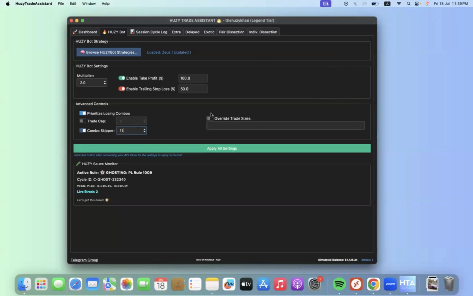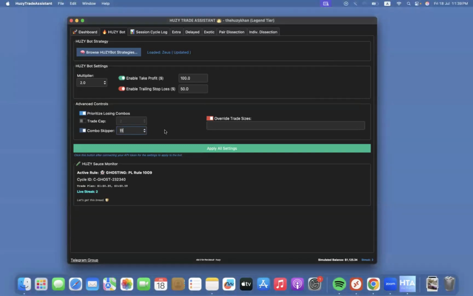Secondly, the override trade sizes. This is also going to be part of where you can get creative. Of course, if someone has $1,000 and he puts a combo skipper value of 11, then it doesn't make sense, right? Basically making less profits with so much untapped liquidity that you can leverage to your benefit.